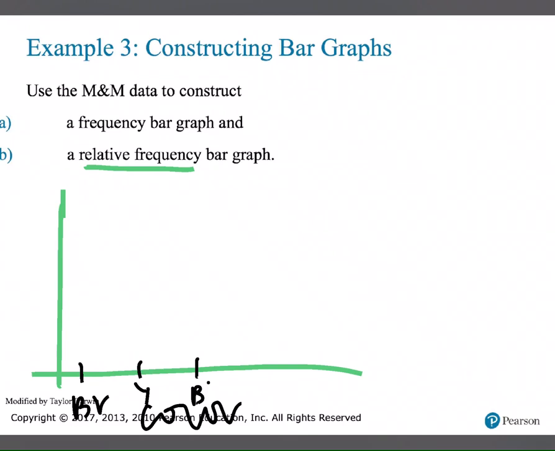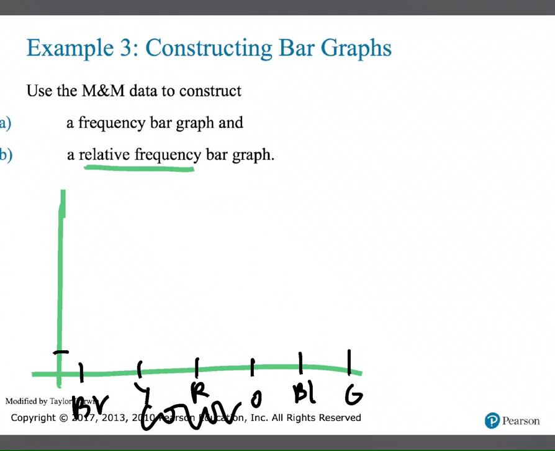Nope, that's red. Sorry. Red, orange, blue, green. And this time we're using that relative frequency, and the highest one went up to 0.2667. So I'm going to count by 0.05. So we can make a little more room here.